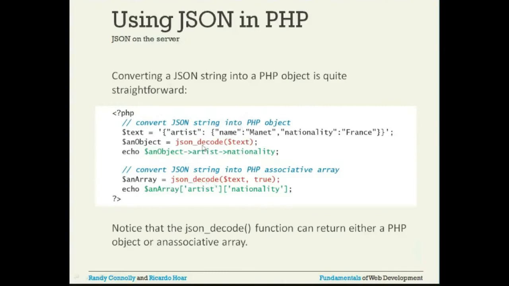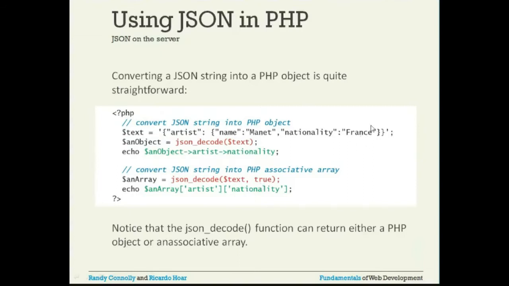Same method, but here you are sending one more parameter. If the second parameter is true, then it will convert the JSON text into an associative array, not a PHP object. So you send this text in the JSON format, and comma true. This will convert it into an associative array.